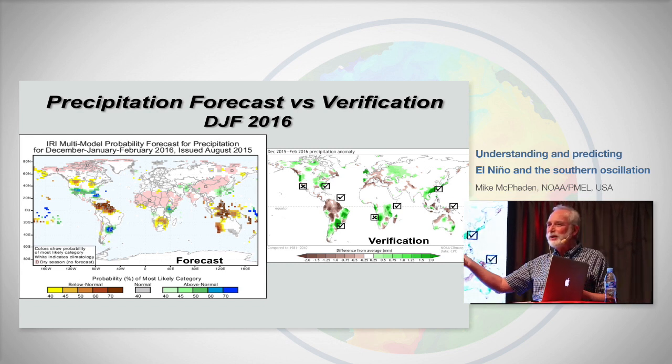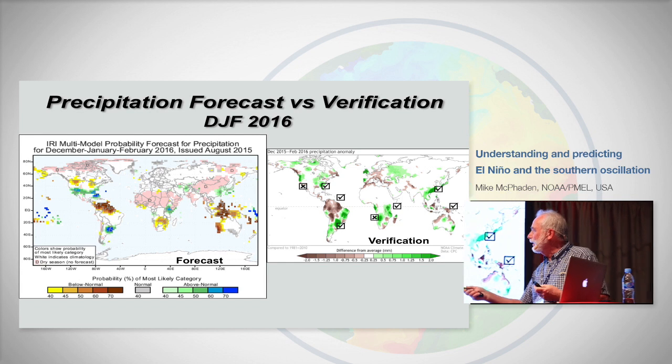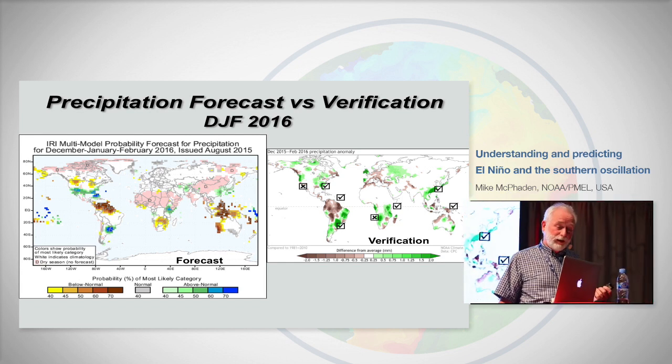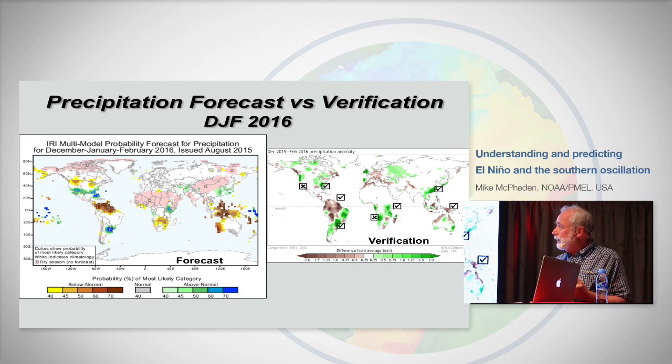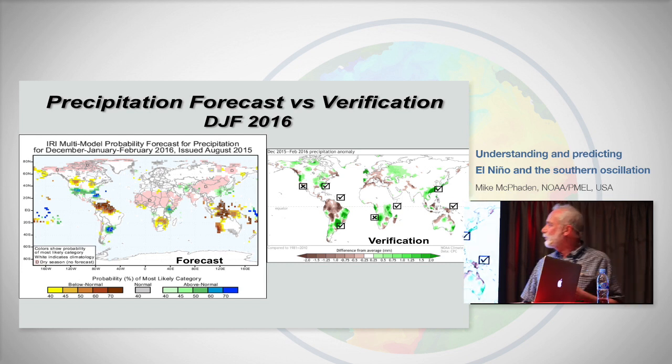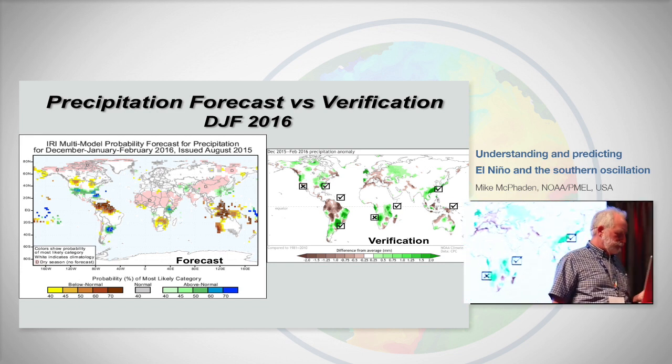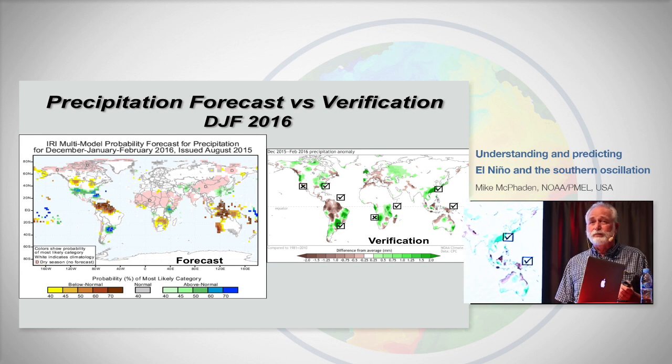So we had a record wet winter, and it was near normal in California. So, as I was mentioning earlier, that pattern of global impacts of El Nino and La Nina, those are probabilistic. They're expectations, they're not guarantees. And California was an example of where the forecast failed to verify.